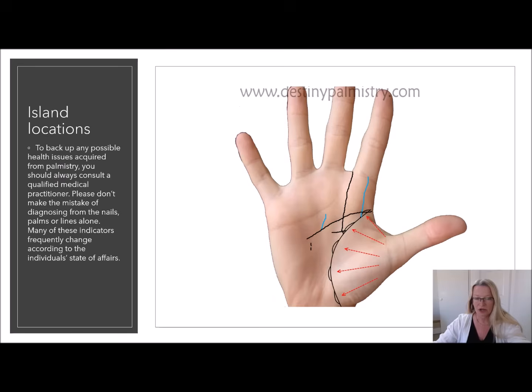Okay, so for the next one, if we time this island, it would be around the age of 35 to 40. And most people are well into their career by that age. So it most likely would be stress related. There may be worry lines around the mark.